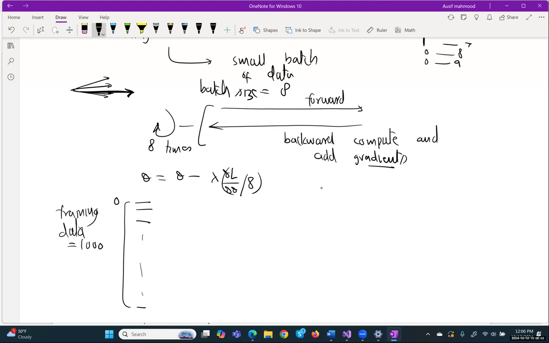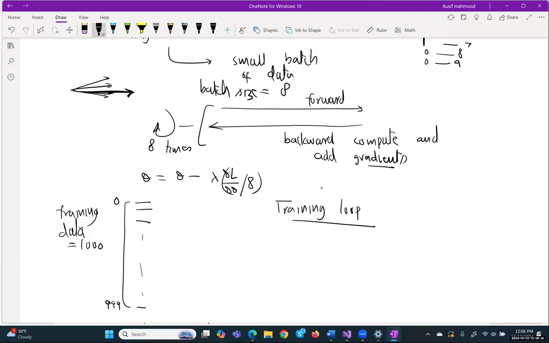Let's say 0 through 999. So these are images. Let's pretend we've already linearized them into a vector, and we know the expected output for each one of those input images, right?